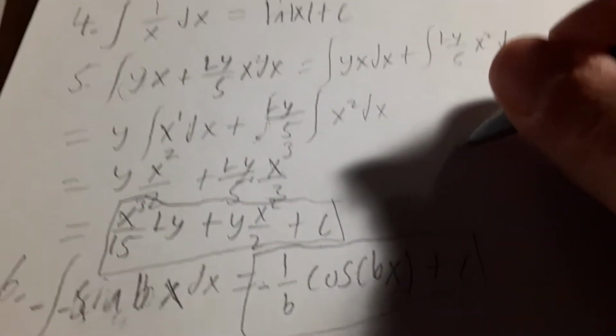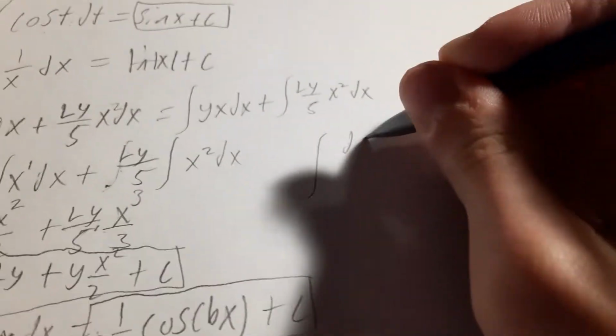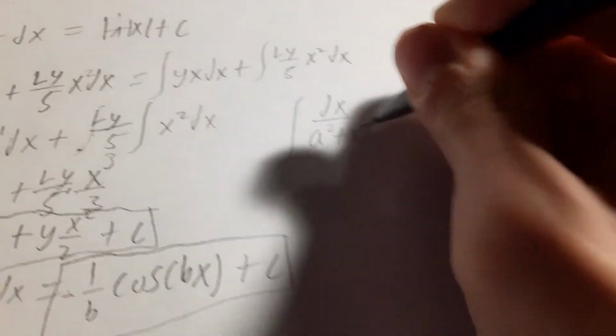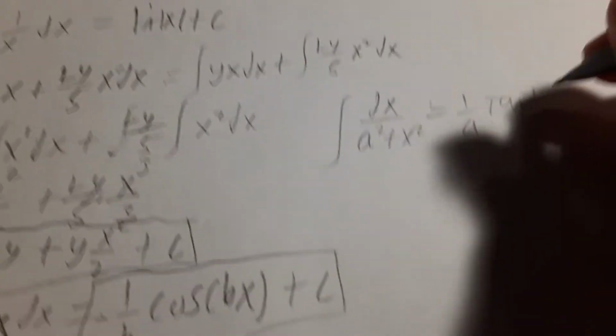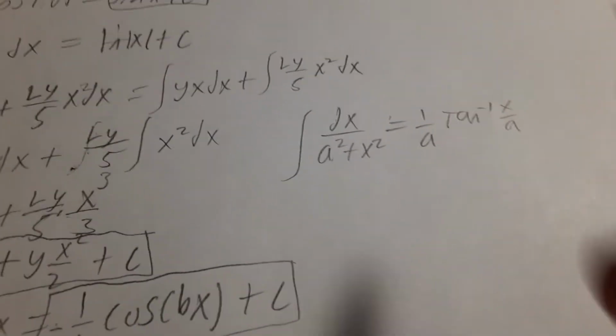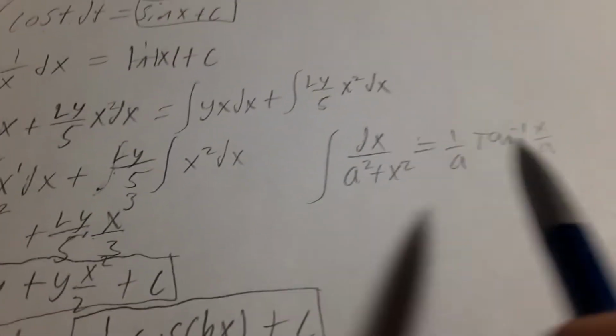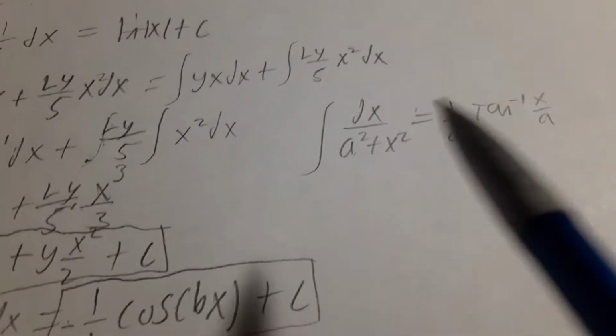Now, a good rule of thumb that people like to remember is instead of trying to remember this whole x over a business, we try to remember that, because arctan comes up a lot in calculus whenever you're using integral calculus: the integral of dx over a squared plus x squared equals 1 over a, to counteract this a, times the inverse tan or arctan of x over a. So that is the general rule of thumb that they like to use in integration because it's easier to remember.